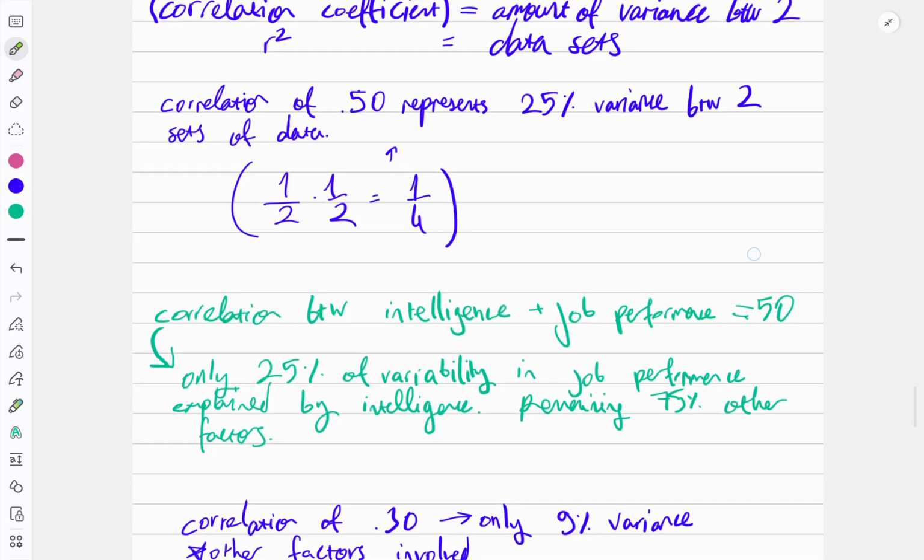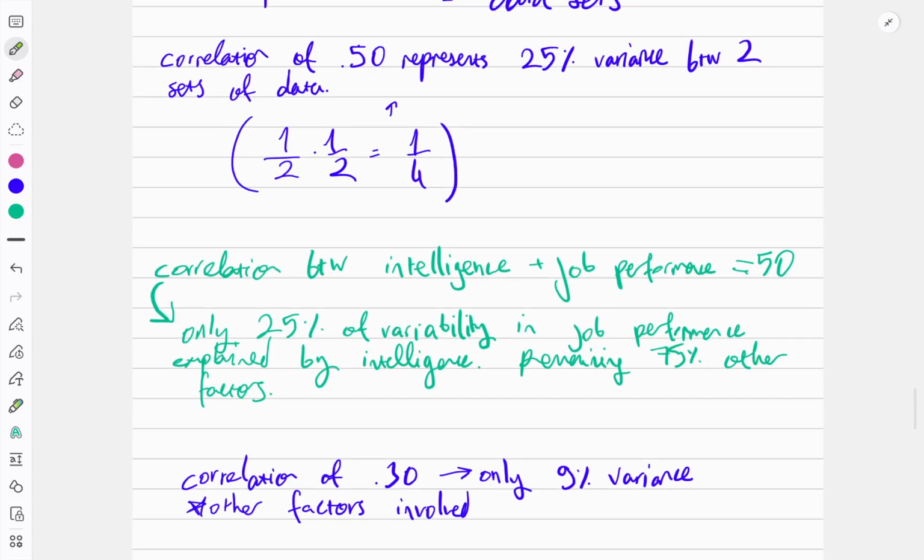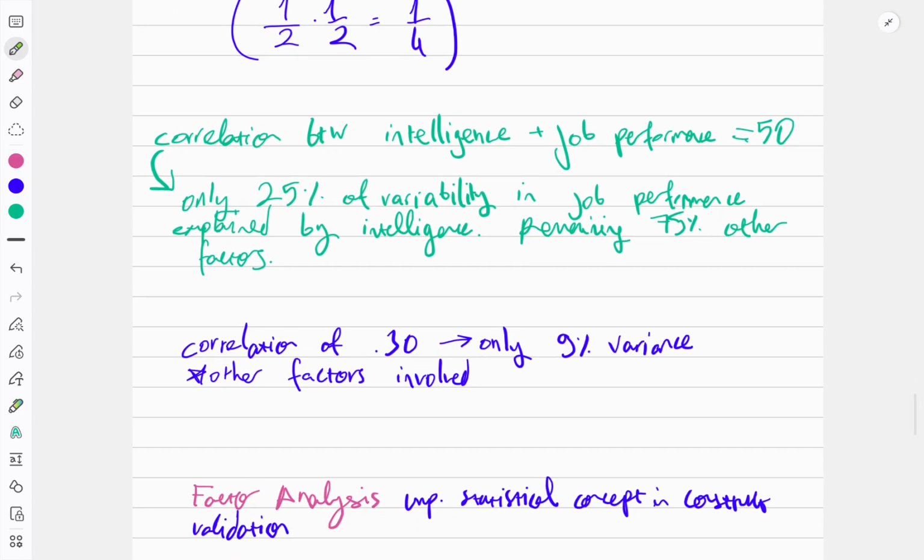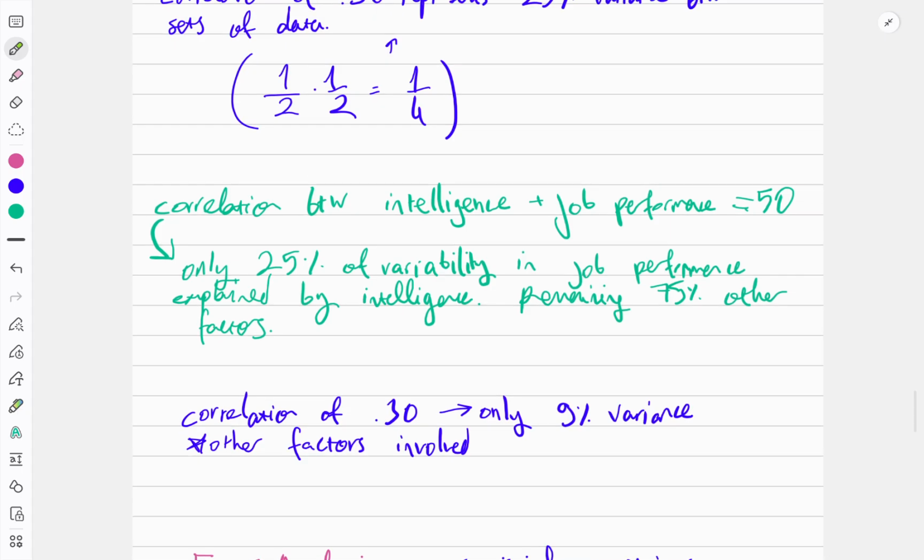We can give a more objective example, because it may be hard to imagine. Let's say that we are trying to find if there is a correlation between intelligence and job performance.